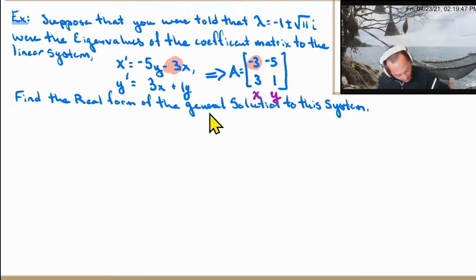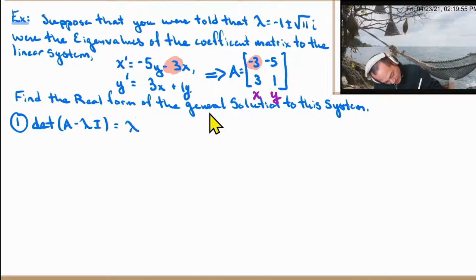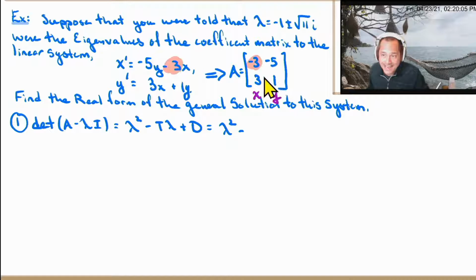All right. So step 1, I'm going to find the determinant of A minus lambda times I. That's going to be lambda squared minus the trace times lambda plus the determinant. How do I find the trace? The trace is found by adding the components from the upper left to the lower right. So I get a -2 plus a 1, which is a -1, or yeah, a -2.